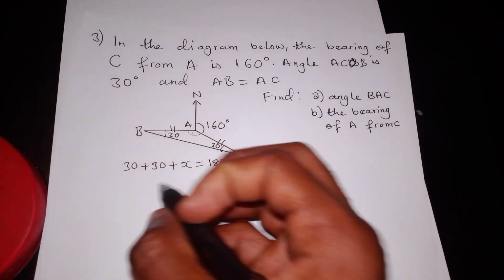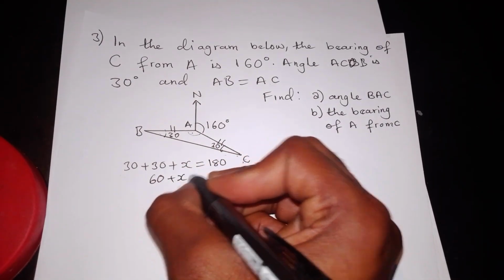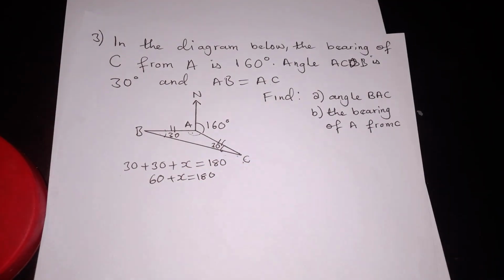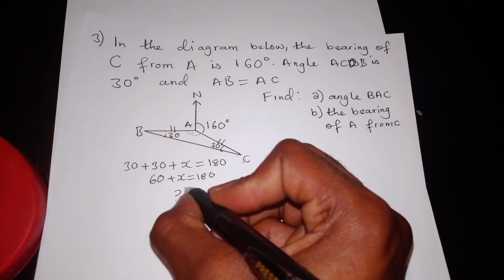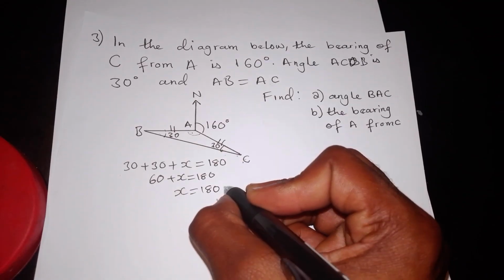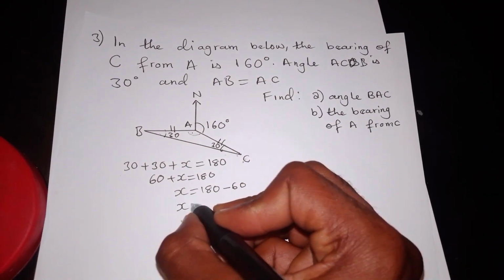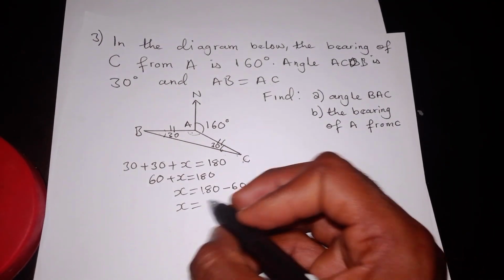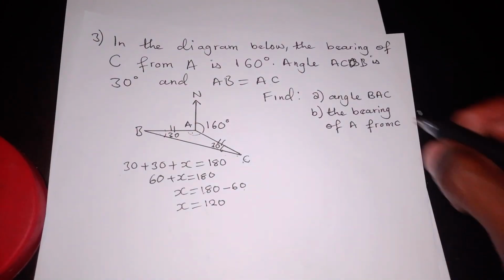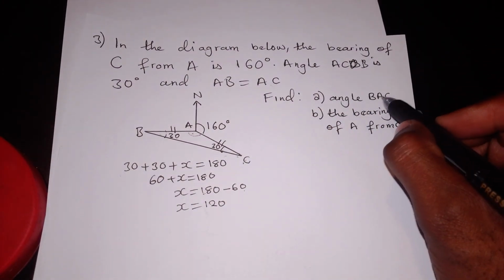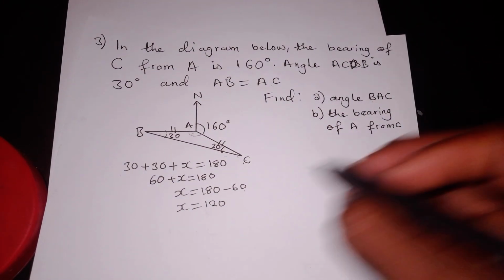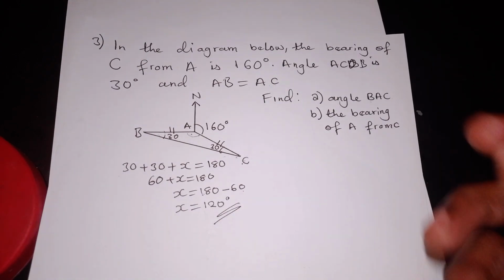This plus this will be 60 plus x is 180 degrees. Then you collect the like terms so that you have 180 minus 60, which is 120. So angle BAC is 120 degrees, and you are done.